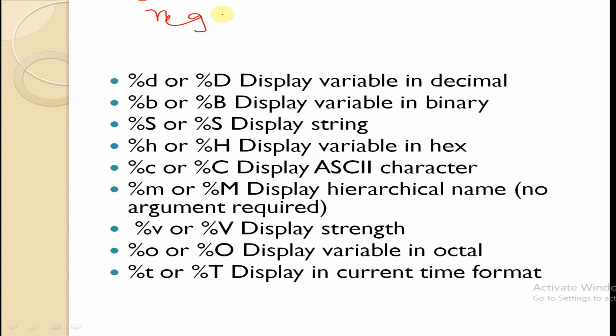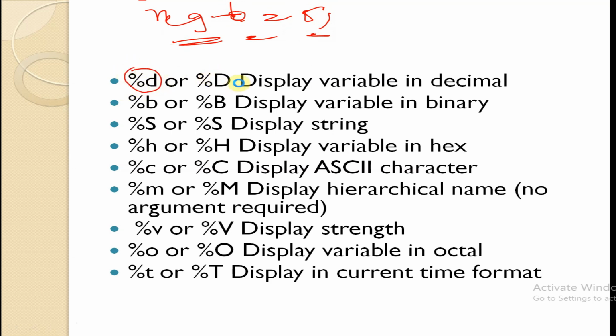If we declare a register, say B, and assign it a value of 6, so reg B is equal to 6, and we want to display the value 6 in decimal, then we will use %d.